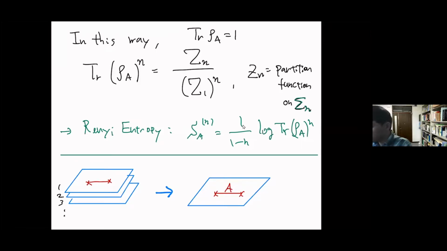And so the way we proceed is like this. We have some field. This is CFT, some quantum field theory we're talking about. So we have some field phi here, and the same field on 2 and 3 and so on.